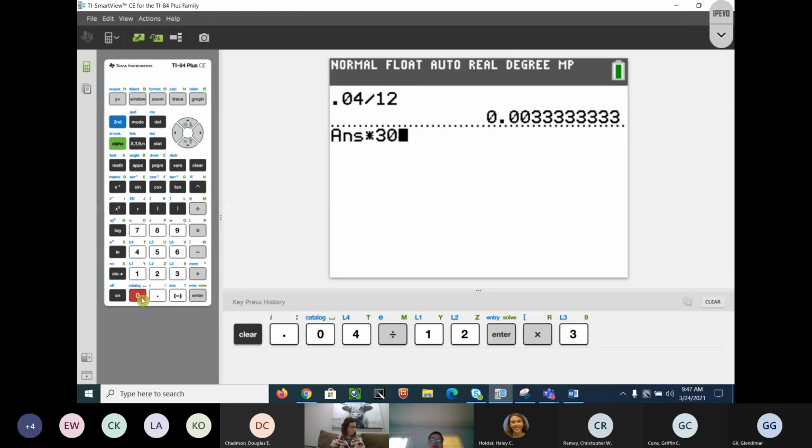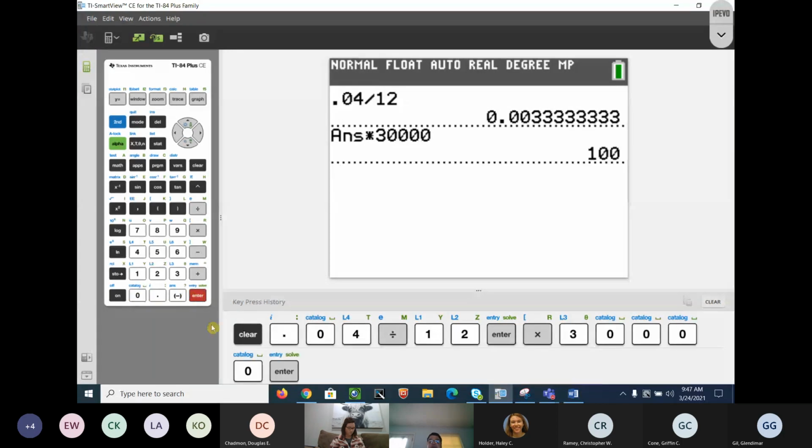Before I store it, I want everybody to make sure y'all got the same thing. 100. Everybody got that? So I'm going to store that. Store, alpha, numerator.